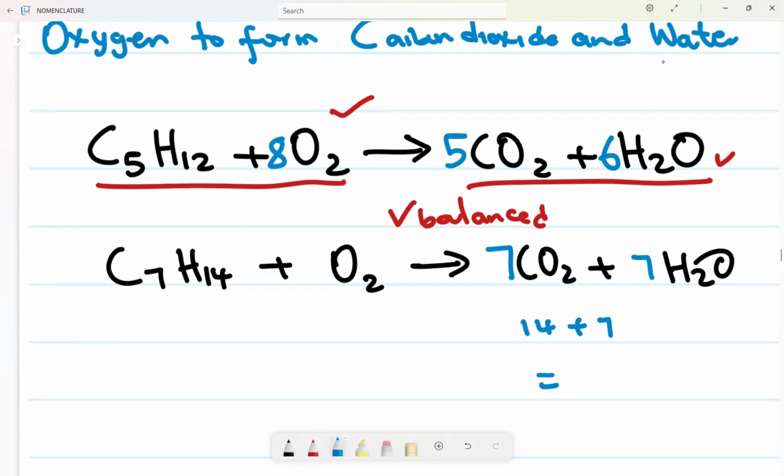Then 14 plus 7 is 21, so we have 21 oxygens. 21 divided by 2, multiplied by 2, is going to be 21. But remember, when balancing, we do not want fractions.